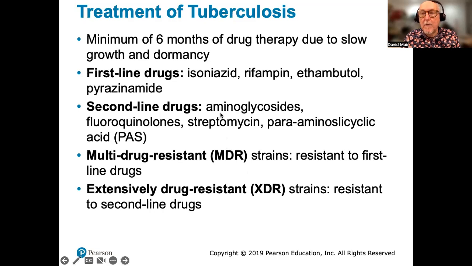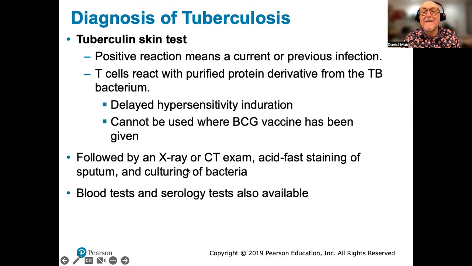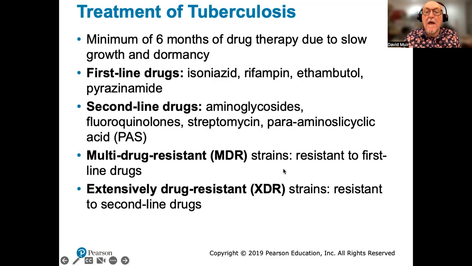They will still respond to second-line. And now there is also another group called the extensively drug resistant, which are resistant even to these. And there are numerous new antibiotics being tried to deal with the extensively drug-resistant strains.